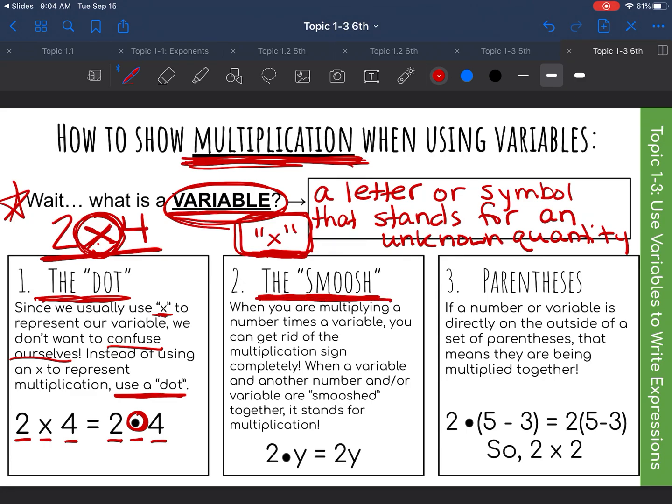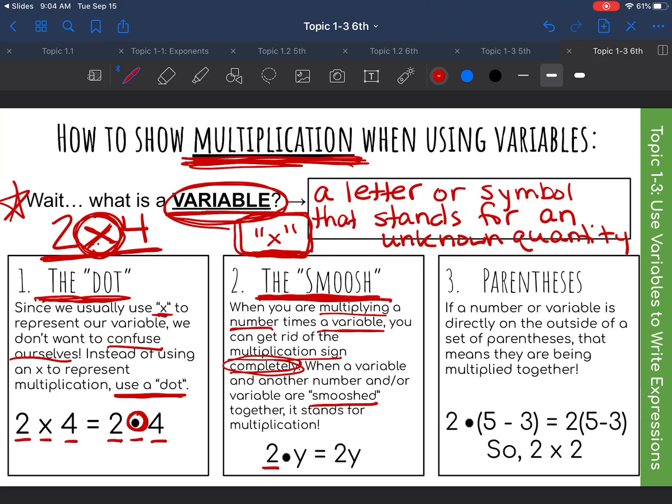The next one, I phrase it the smush. I don't really know what other way to say it, but when you are multiplying a number times a variable, you can get rid of the multiplication sign completely. When a variable and another number or another variable are smushed together, it stands for multiplication.